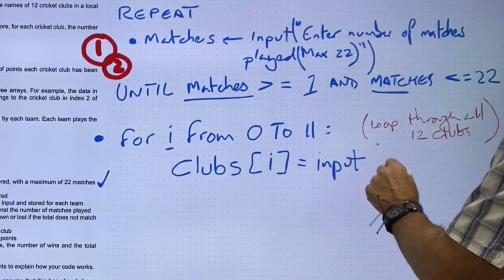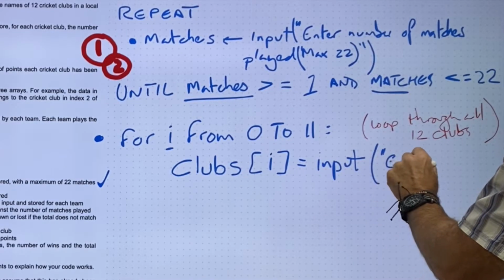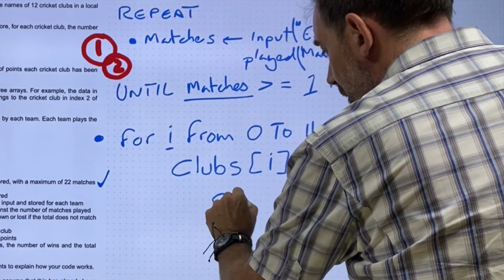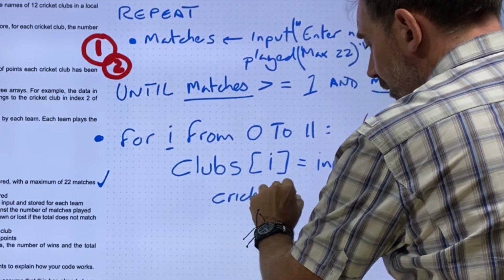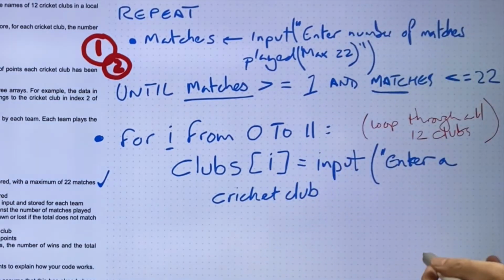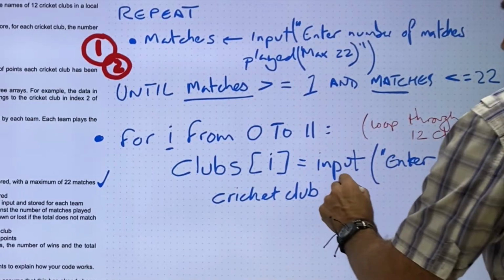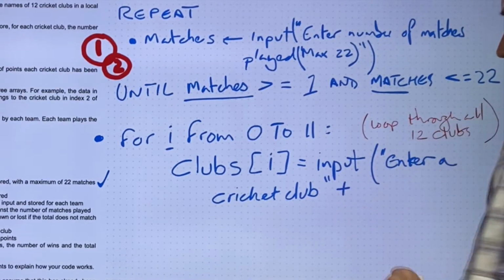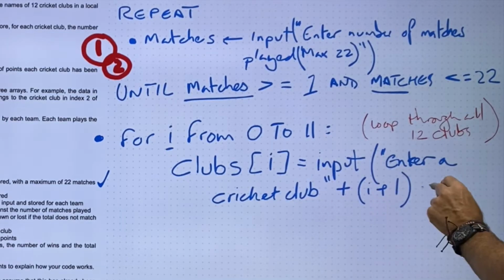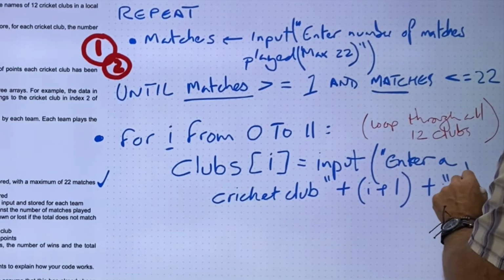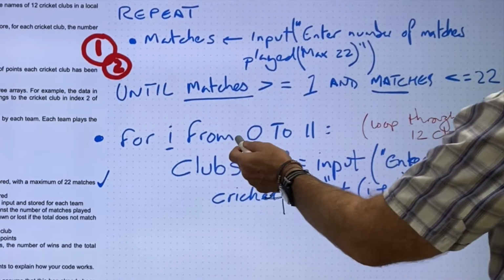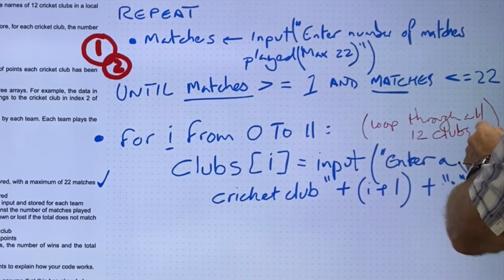Input, enter a cricket club. But we need to have something more than that, okay? So I'm going to go plus index plus 1, plus quote marks. Okay, so for I from 0 to 11, loop through all 12 clubs.